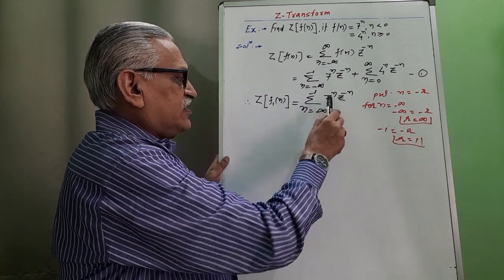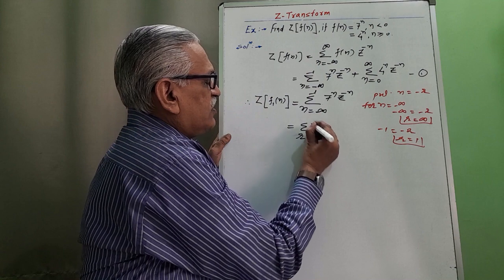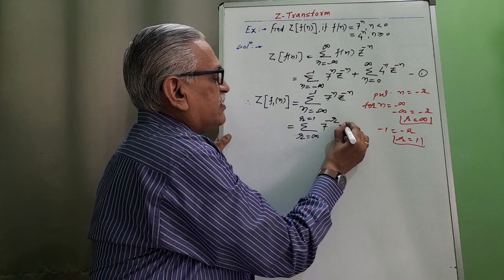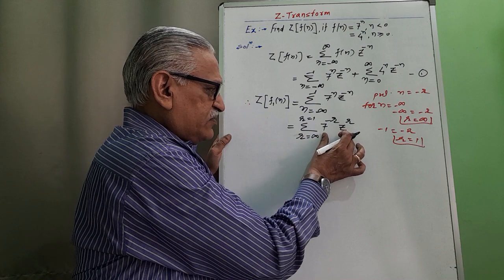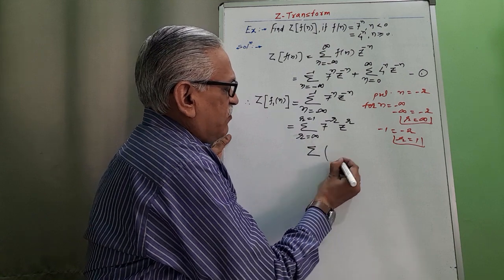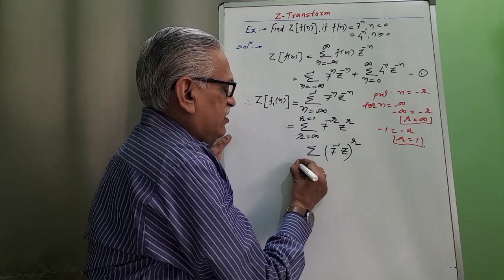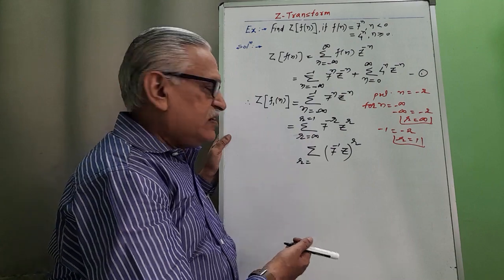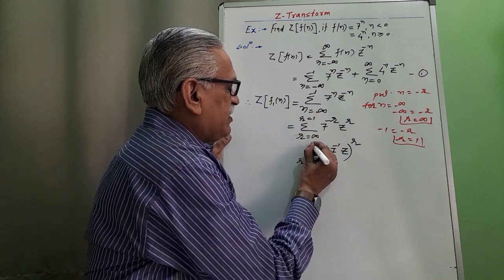Substituting these new limits in this step, we get summation from r equals infinity to r equals 1, 7 raised to n, n is minus r, and z raised to minus n, z raised to r. Combining these two by taking r common, we get summation of 7 raised to minus 1 z, whole raised to r. Lower limit is 1, upper limit is infinity.